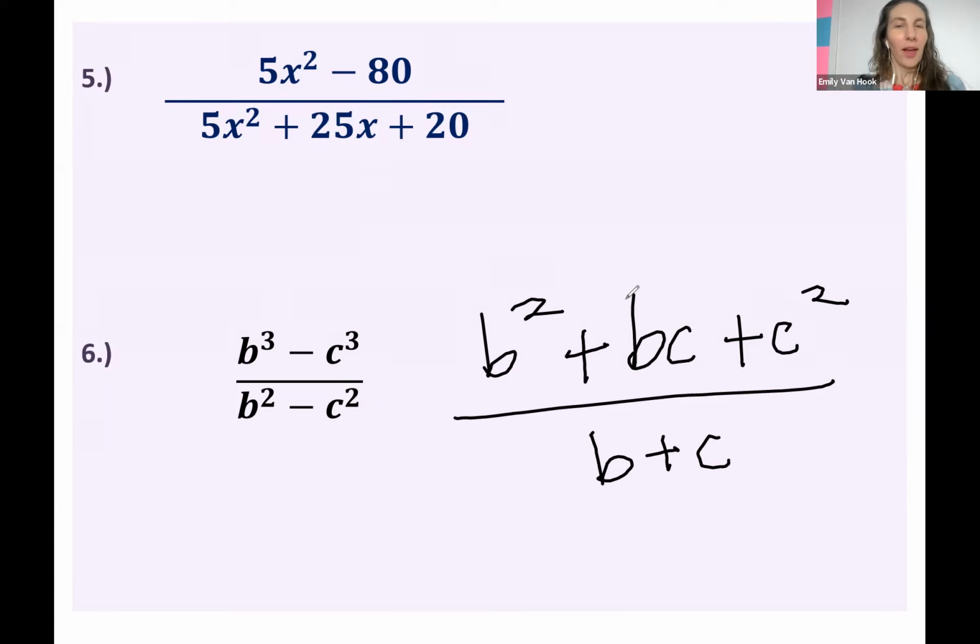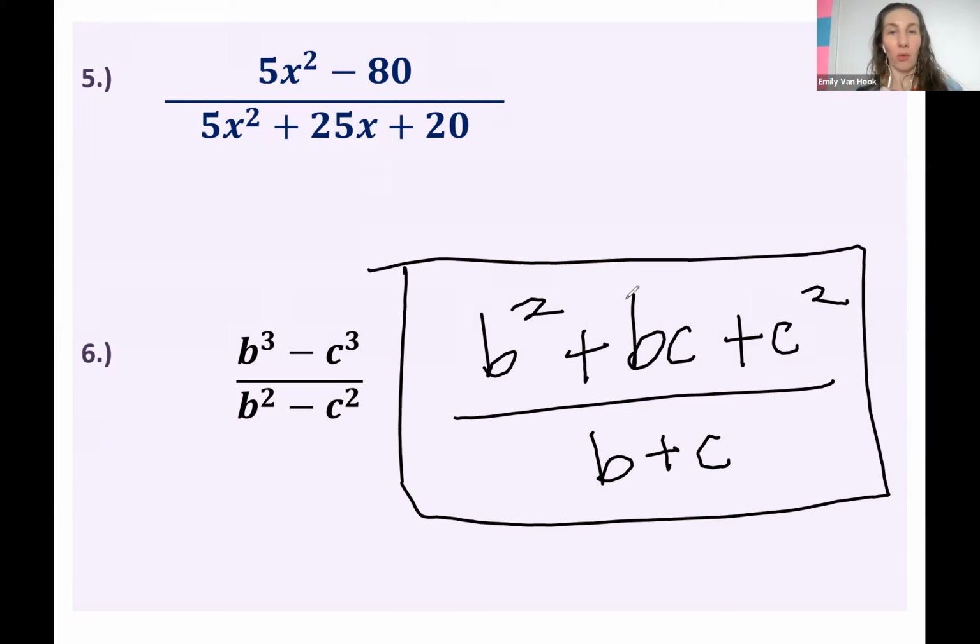And I know there's lots of B's and C's that you're looking at, but we're done. There's no more canceling that we can do because there's no more factoring that we can do. There's no more common factors. That's an entire trinomial that cannot be factored in the numerator, and then B plus C also cannot be factored in the denominator. All right, I think we just got one more.